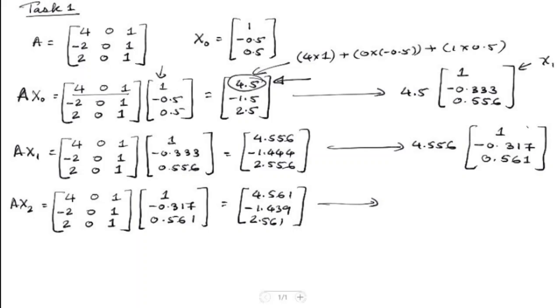Now to keep the first element here as unity, we'll take it out as common, so we'll have here 4.561, and if you take that common out and divide all of these elements by this number, you will get 1 here, minus 0.316, 0.561.